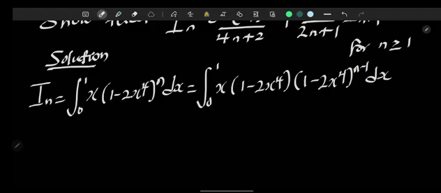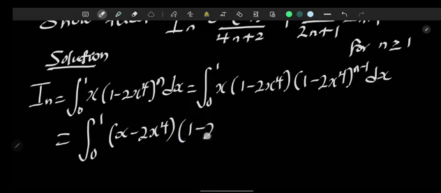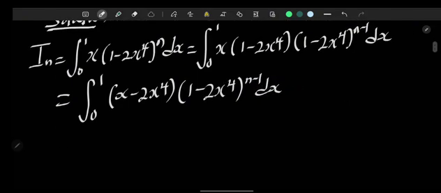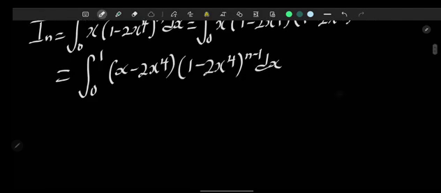Okay, so looking at this, I'm going to use x to expand the first bracket, and that's going to be (x minus 2x^5)(1 minus 2x^4)^(n-1) dx. So I'm sure you are getting it. Use each term in the first bracket to expand the second bracket.